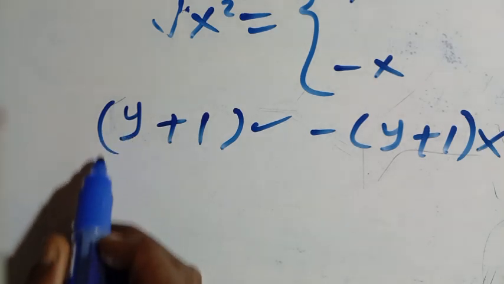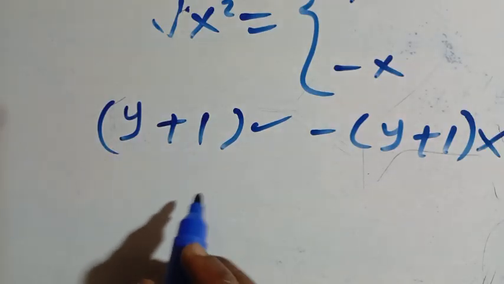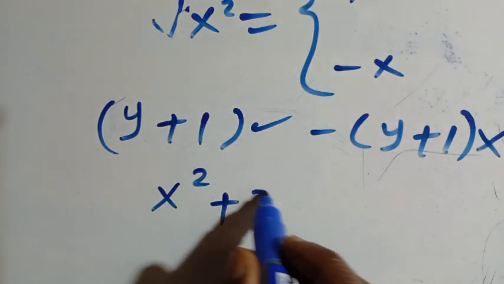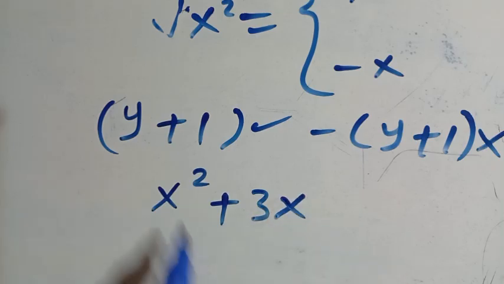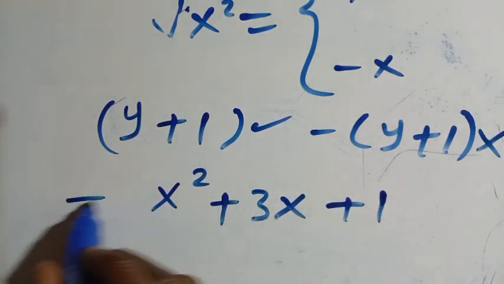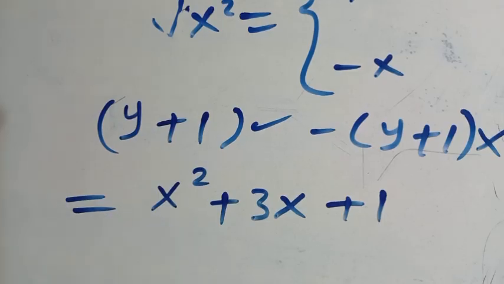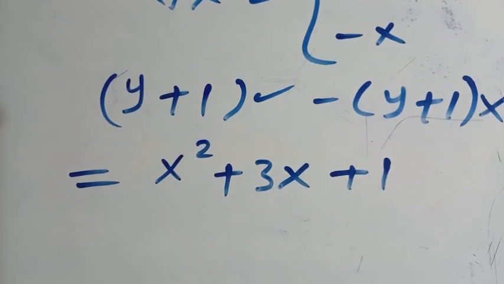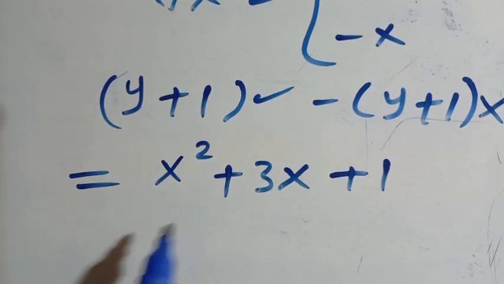So don't forget that we have already let y be x squared plus 3x, then plus 1. This is what we are going to have for this expression. And again, we have already let x equal 50. Suppose we replace this x with 50.